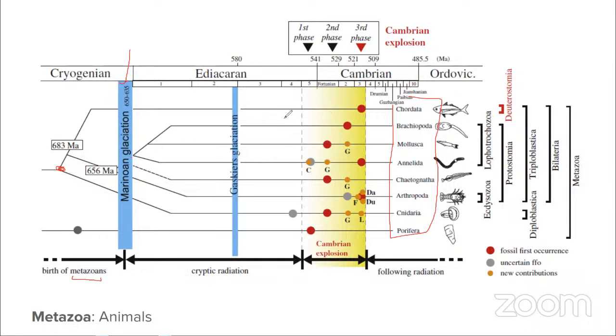Some of our genetic data also suggests that these splits did happen quite a long time ago, earlier though. So we can start to see those splits towards these modern groups.